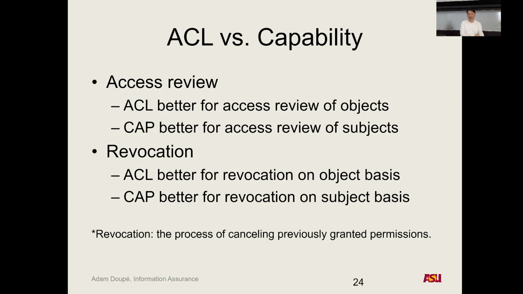We can use the access control list in terms of that. So ACL is better for access review of objects, and the capability model is better for access review of subjects.